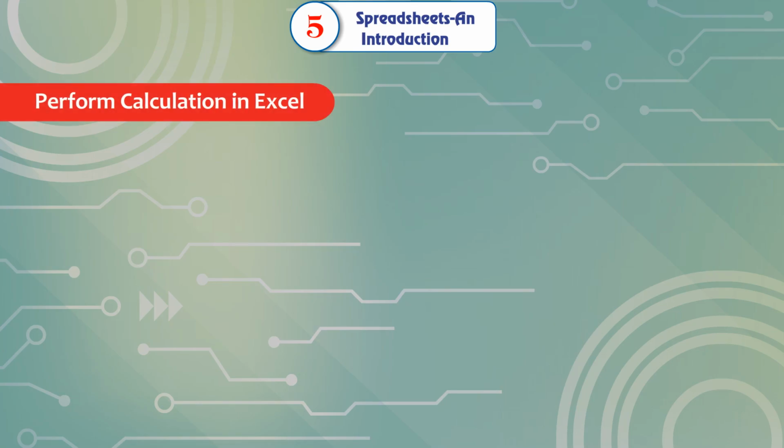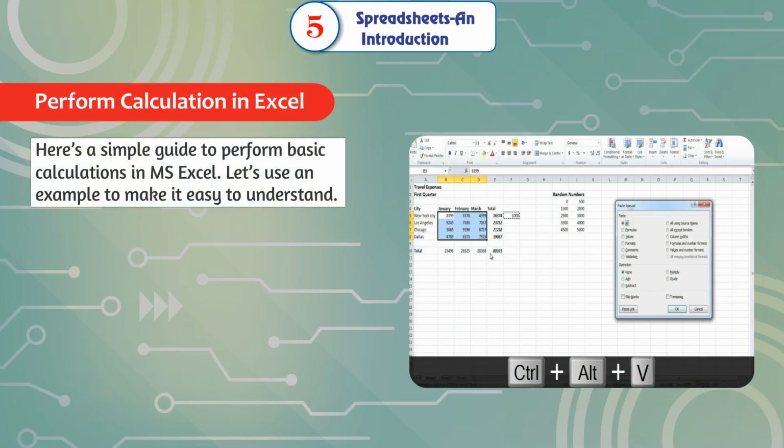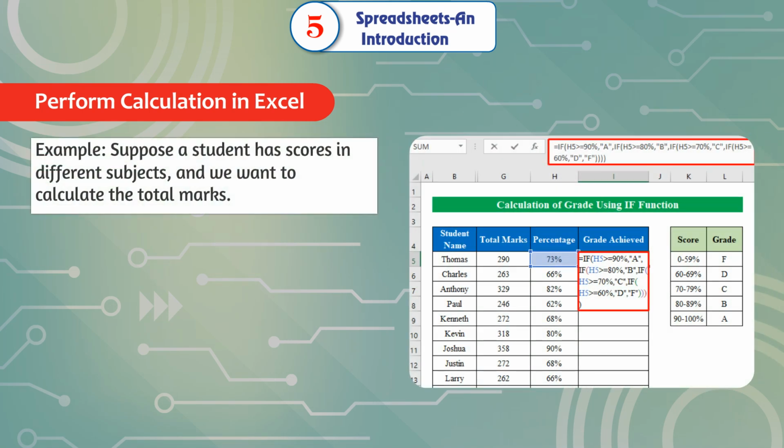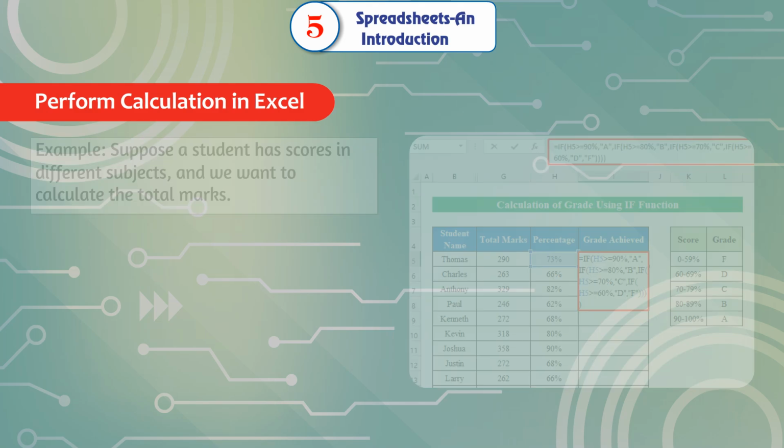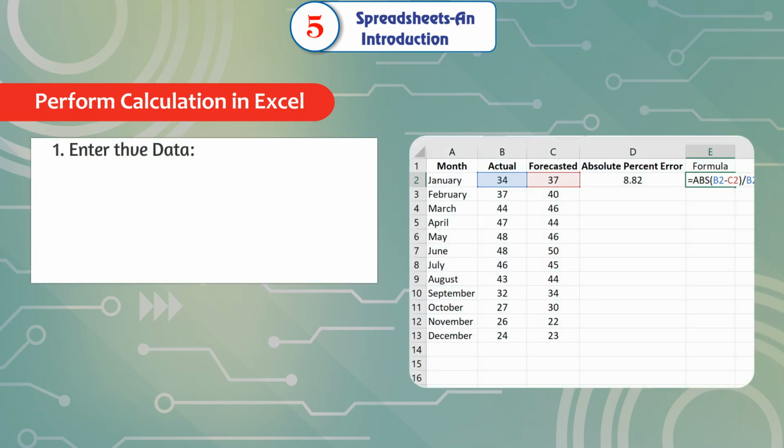Perform calculation in Excel. Here's a simple guide to perform basic calculations in MS Excel. Let's use an example to make it easy to understand. Example: suppose a student has scores in different subjects and we want to calculate the total marks. 1. Enter the data. In A1, type Subject. In B1, type Marks.